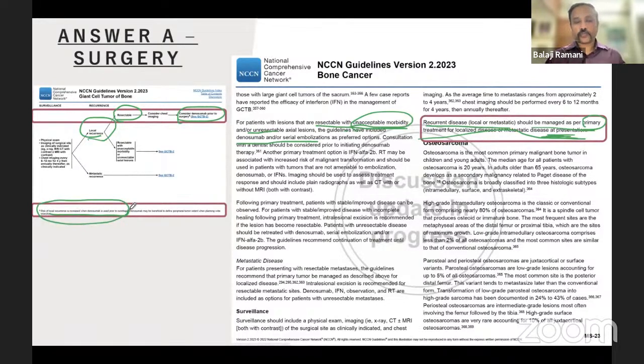Whenever you use denosumab before the actual definitive surgery, the local recurrence risk is going to be increased, almost double or 3 times, when you use resection as the second modality after giving denosumab. What should be done is, first surgery should be done, and only if it is unresectable should you consider going in for denosumab. Right.